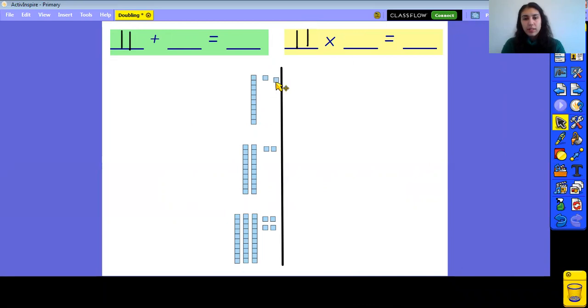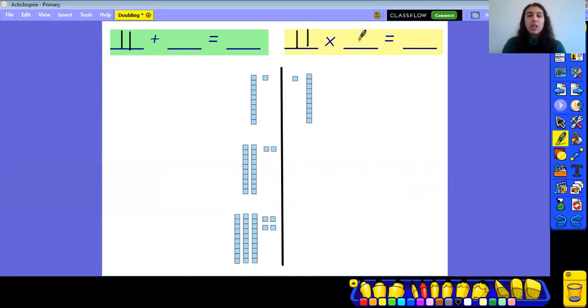Doubling it means that I've got that number 2 times. And as a multiplication, we use our 2 times tables to show that I've got 2 groups of 11. Or as an addition, we know that both addends must be the same. So 11 add 11, and now we need to work out our answer.